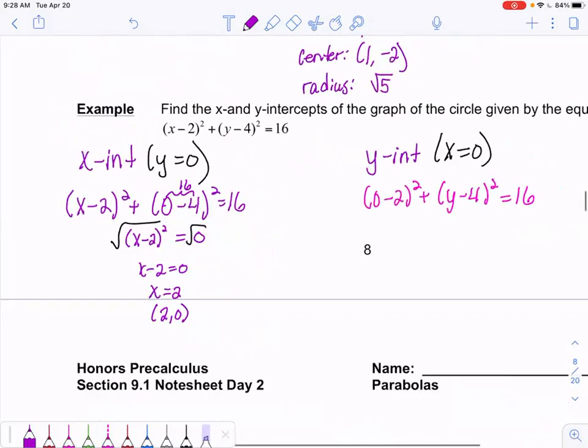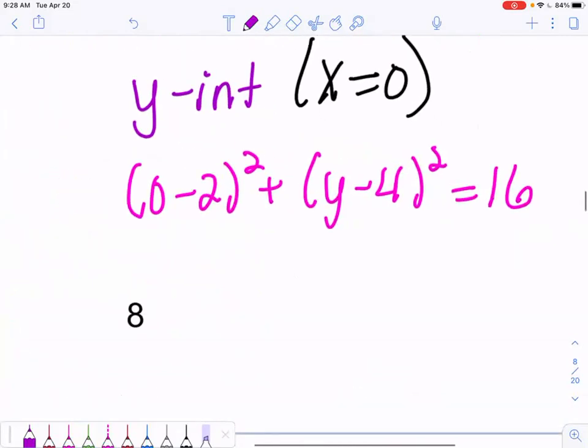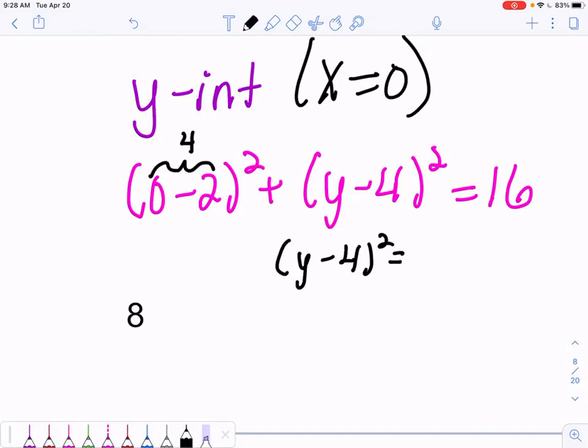If you do the same steps that she just did to solve for y, 2 squared is 4. So we would have (y minus 4) squared equals, and if I subtract 4, I get 12. Brenna, to continue to solve, what would you do here?